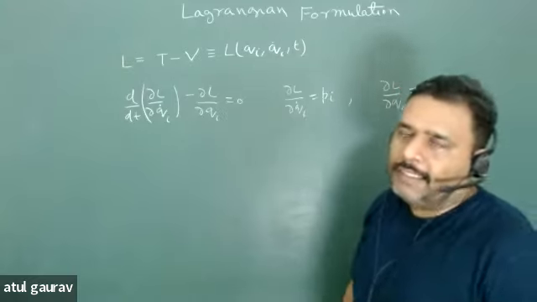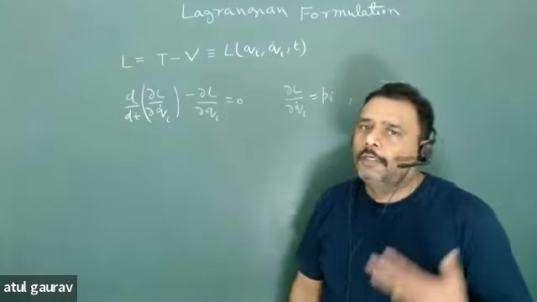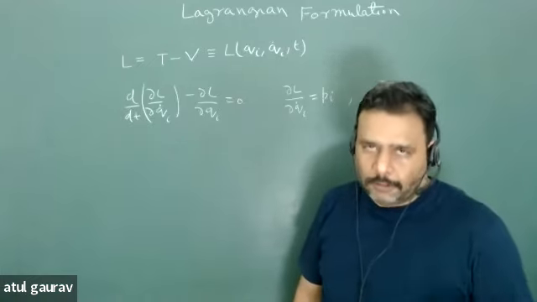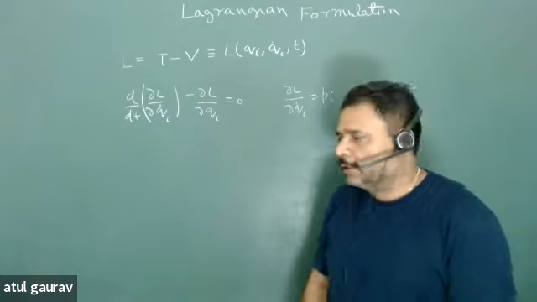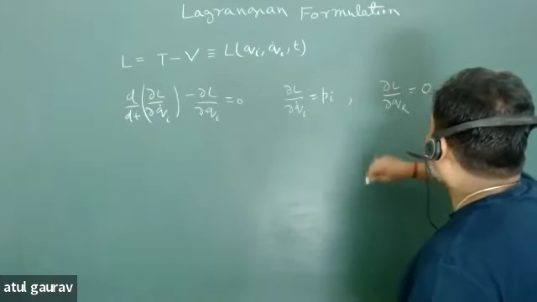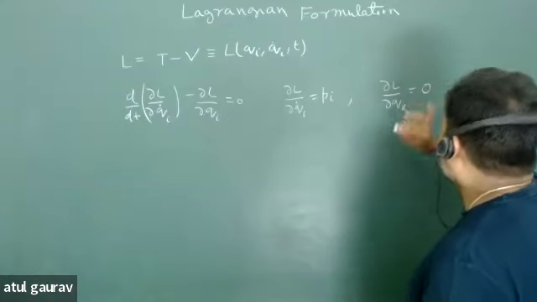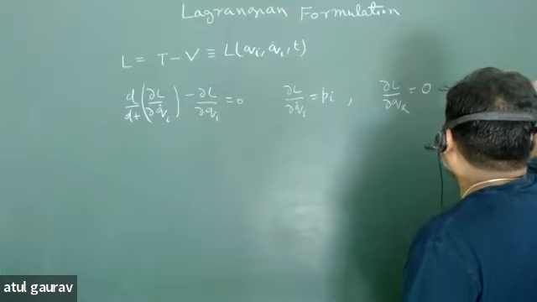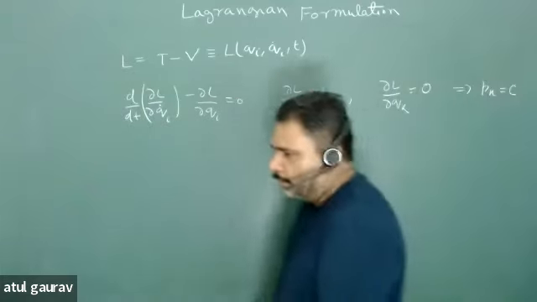It is not necessary that in one particular problem you have a cyclic coordinate; it depends on the situation and the problem. But if qk is a cyclic coordinate, which implies pk is conserved, or a constant of motion.